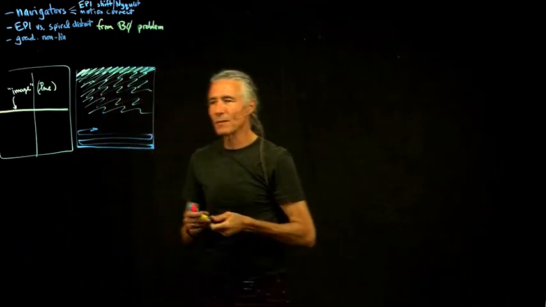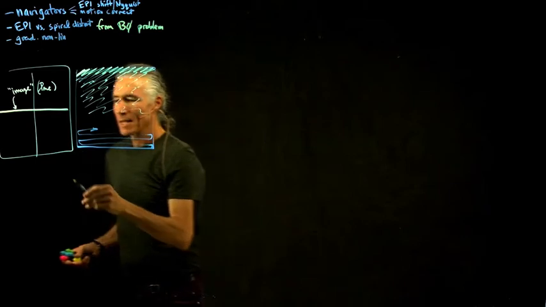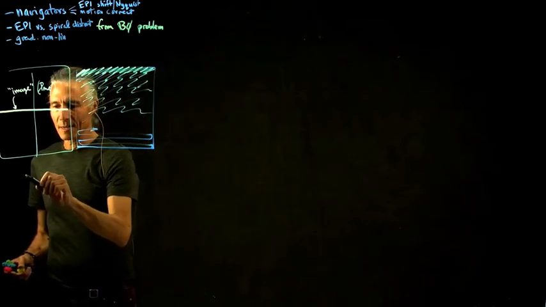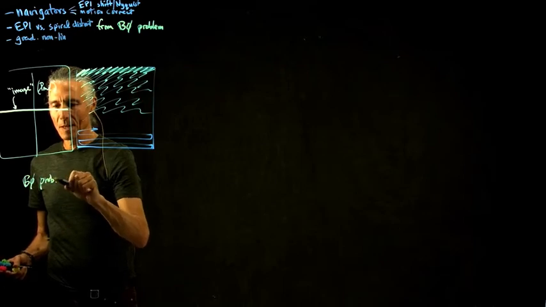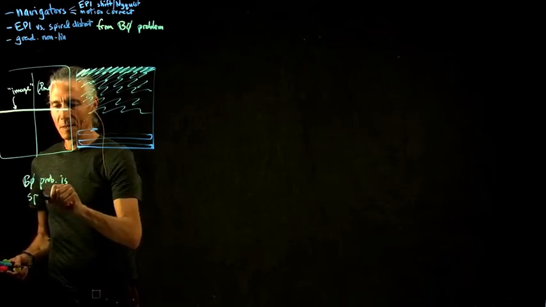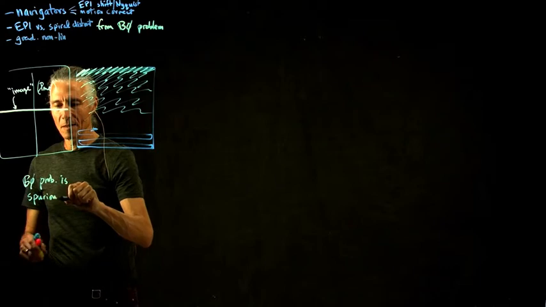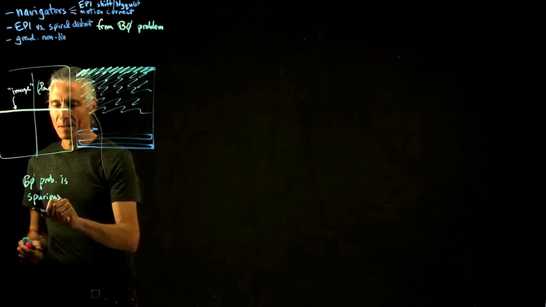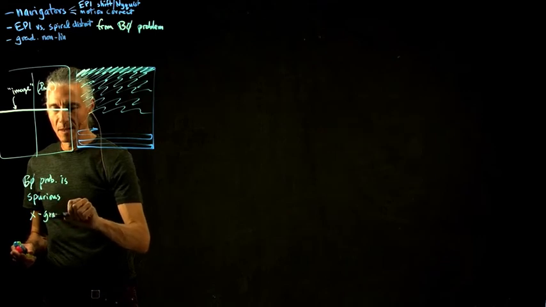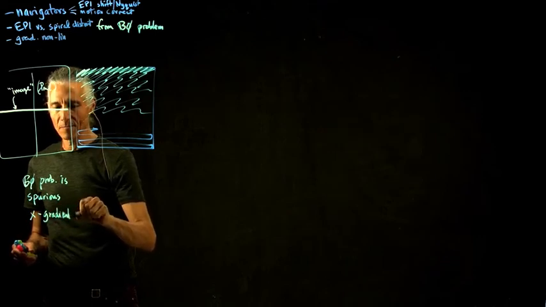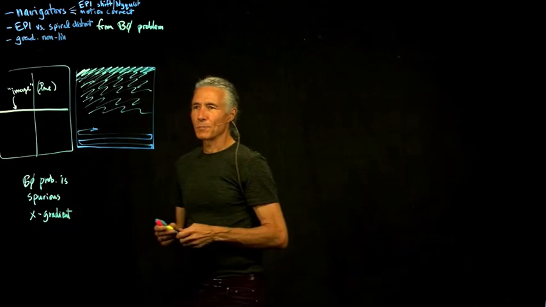Let's assume that the B0 problem is a spurious X gradient.